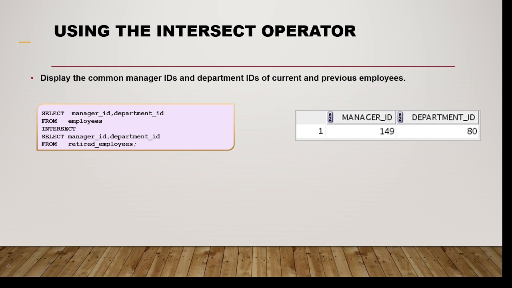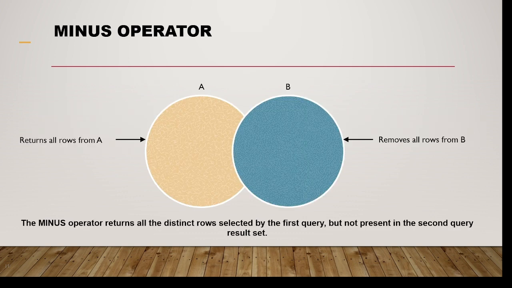Moving on to the next operator, that is the minus operator. We use the minus operator to return all the distinct rows selected by the first query but not present in the second query result set. So basically this is the first select statement minus the second select statement.